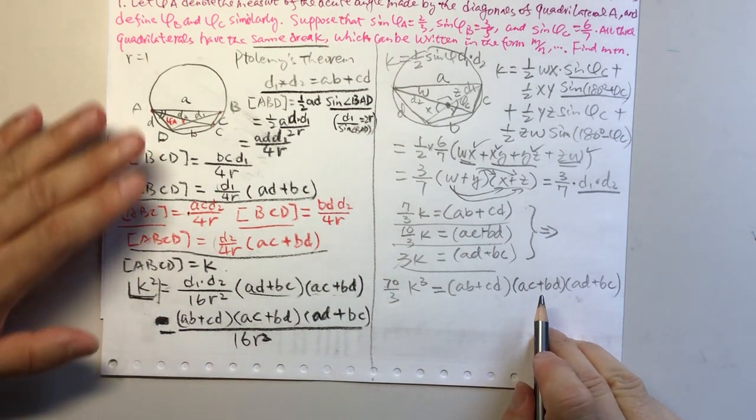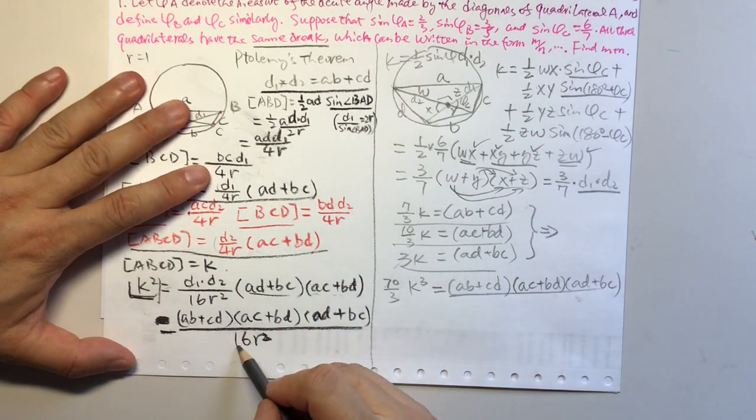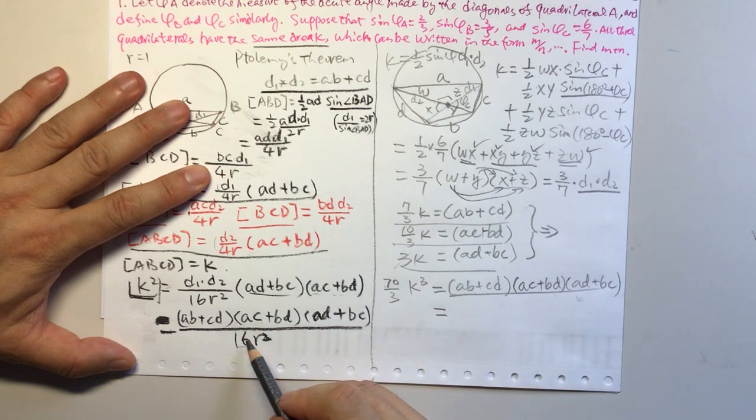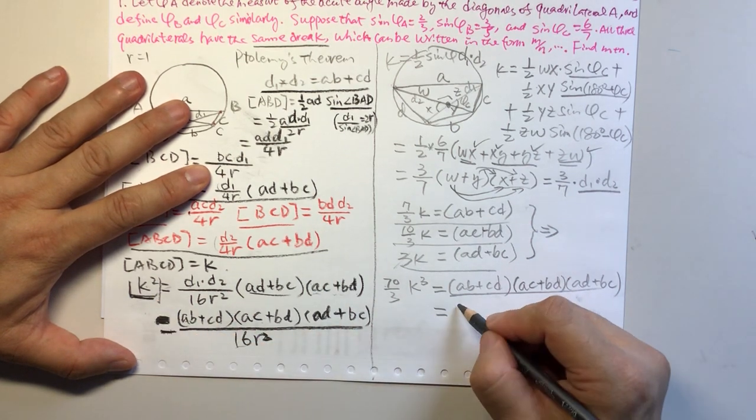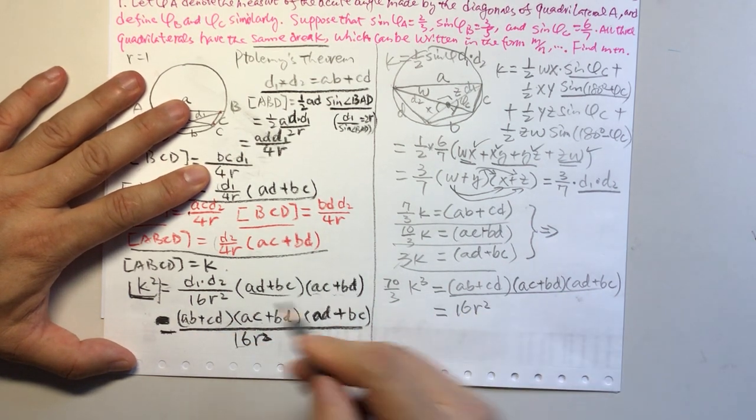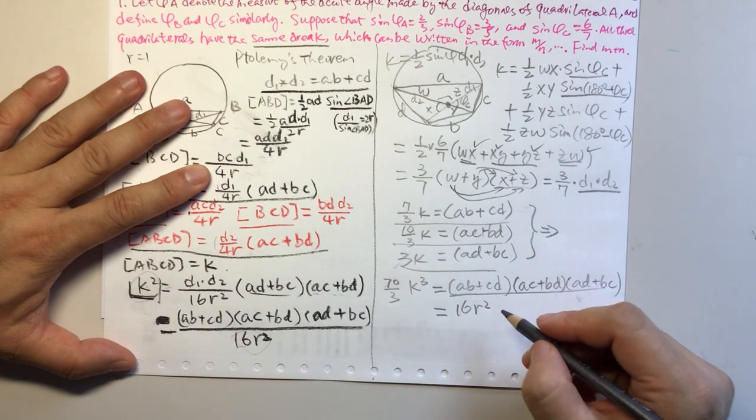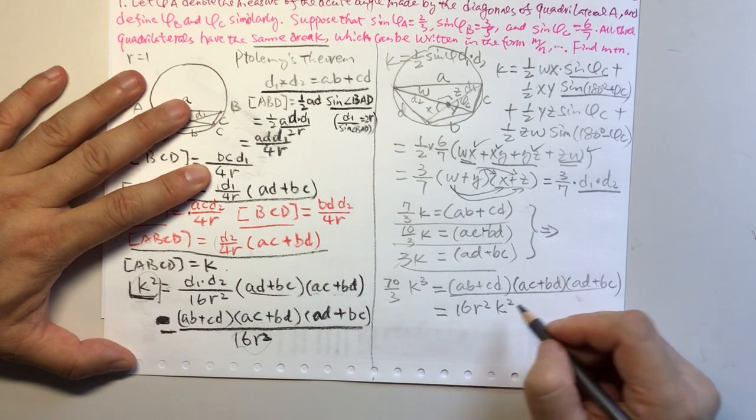And this equals how much? Equals 16r squared times K squared, right? 16r squared times this K squared.